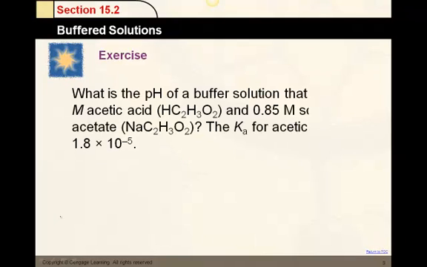So here's an example of a buffered solution. Now we're not going to actually solve this one, I believe. I think it's just showing some information, and then we'll actually solve one later. I can't remember. But let's see. What is the pH of a buffer solution that is 0.45 molar acetic acid and 0.85 molar sodium acetate?